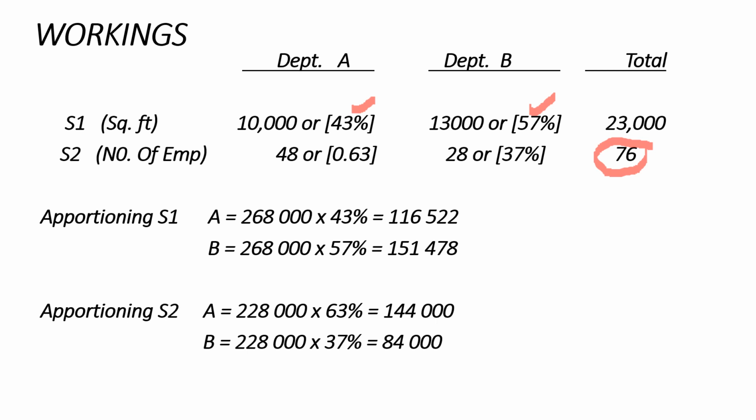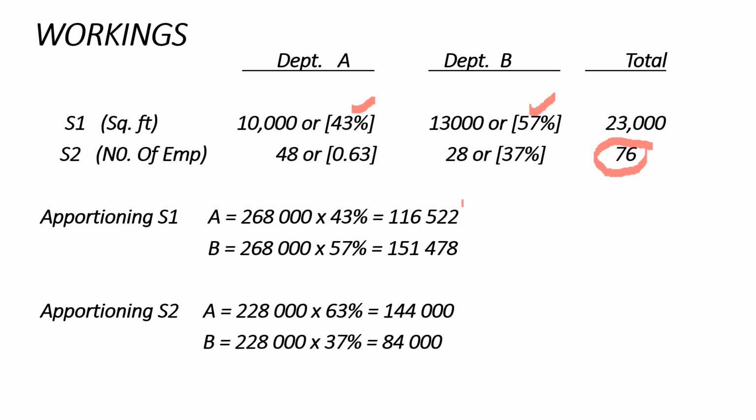Okay, 48 out of 76 is 63%, or 0.63, and 28 is 37% of 76. So we do the apportionment here, and then we put the answer in our table.